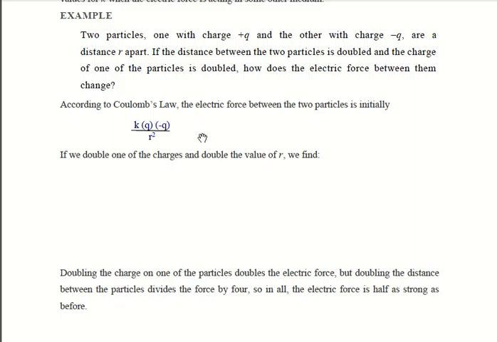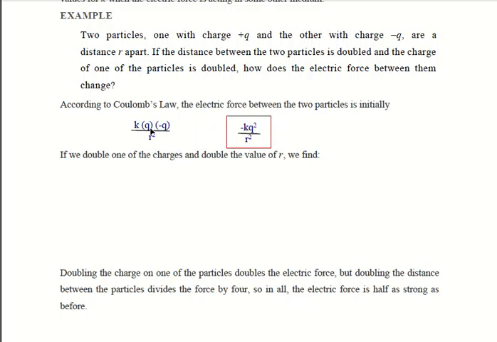So we can take this math, simplify it a little bit to find that the initial force between these two is just negative K Q squared divided by R squared. So that's our initial force, negative KQ squared over R squared.